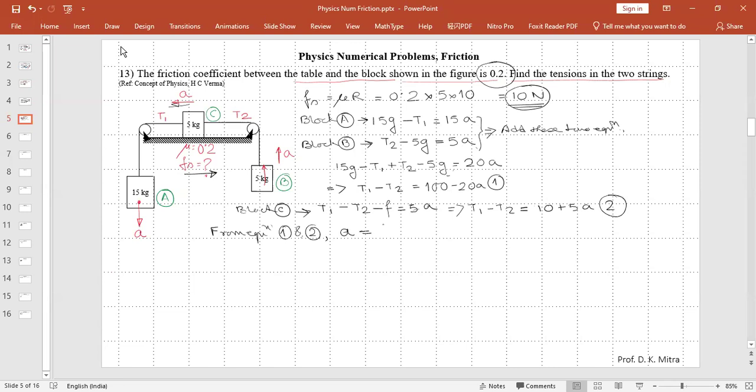A is equal to 5 meter per second square. We will also find T1 is equal to 96 Newton. We will also find T2 is equal to 68 Newton. Your answers are 96 Newton and 68 Newton.